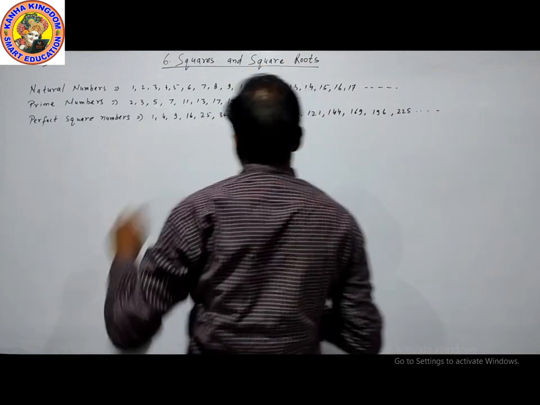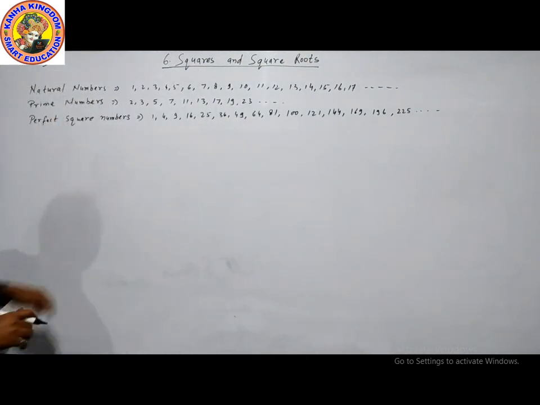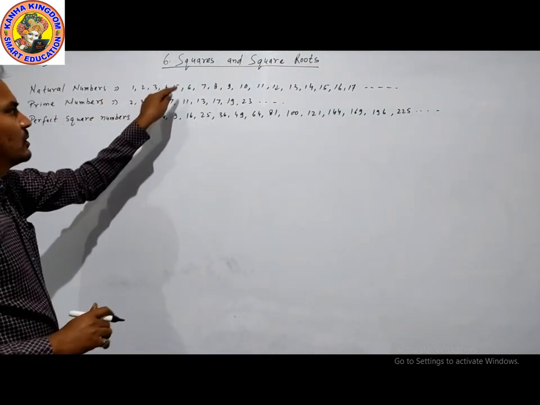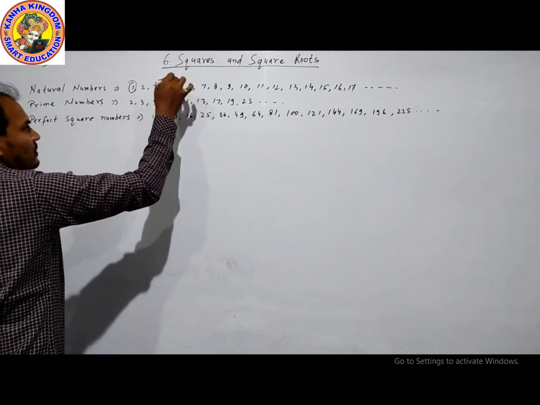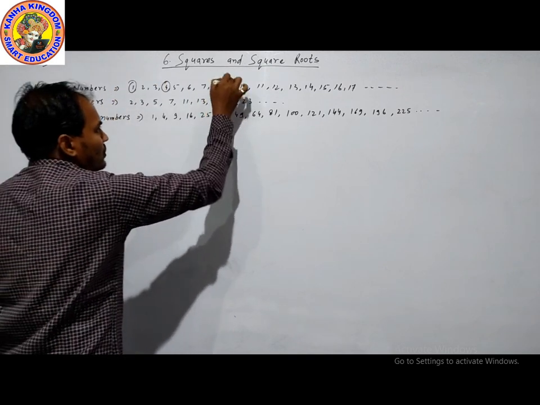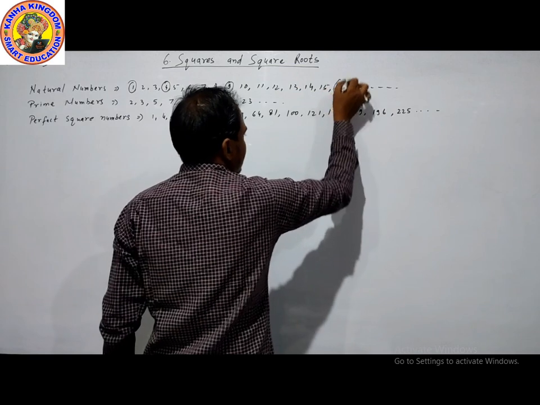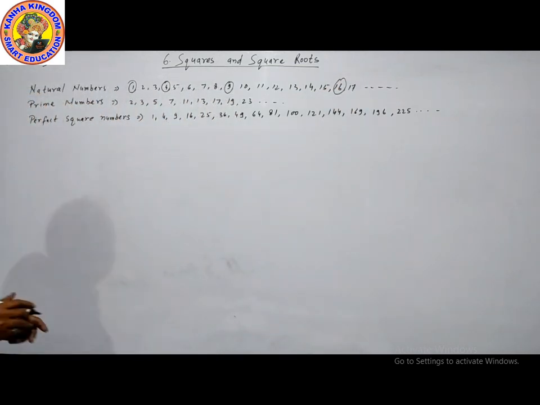These are the perfect square numbers: 1, 4, 9, 16.